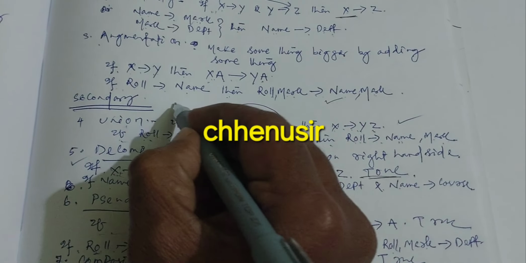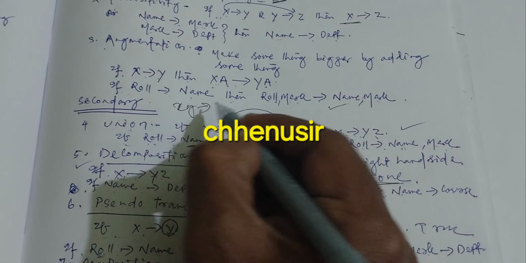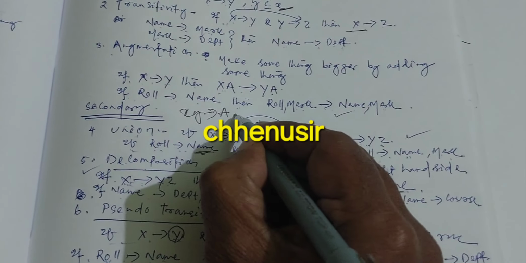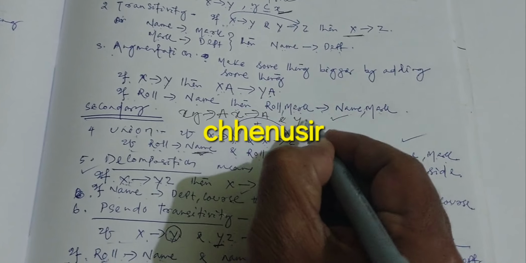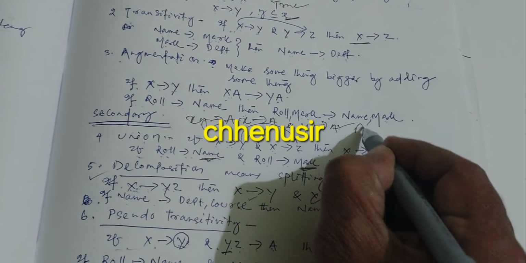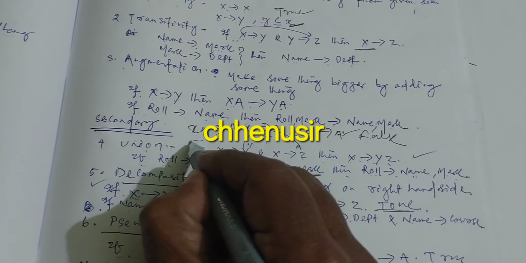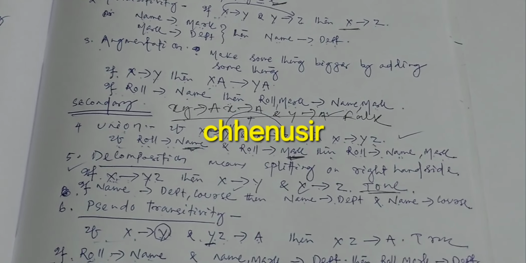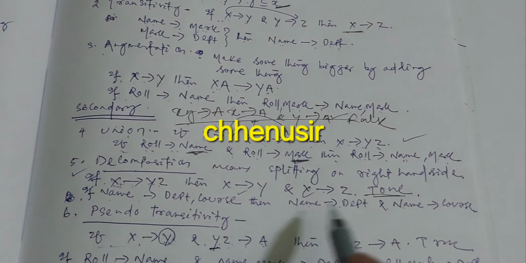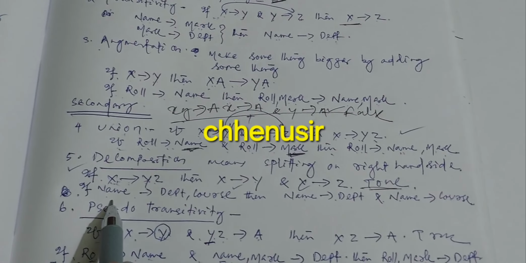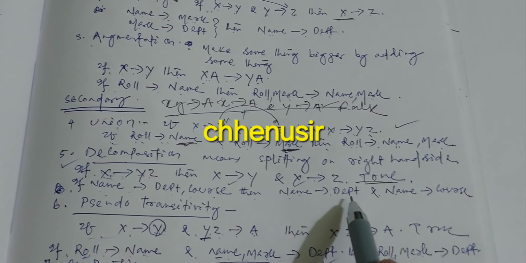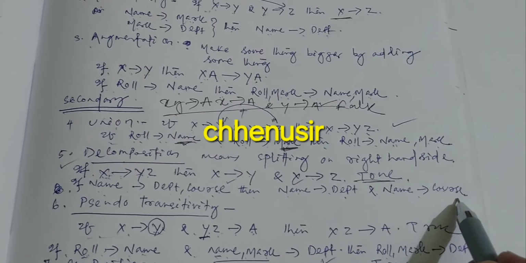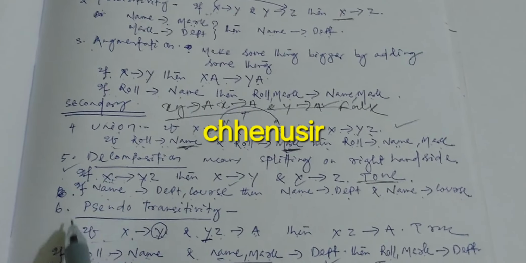If xy determines a, we cannot say x determines a and y determines a. This will be false. This is the decomposition, and an example is if name determines department, course, then name determines department and name determines course.